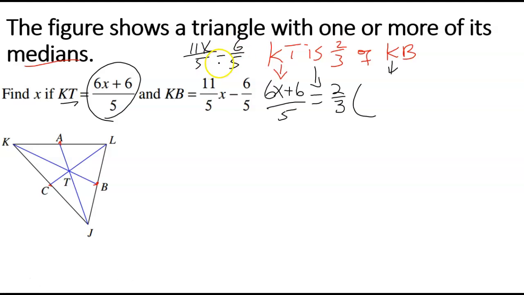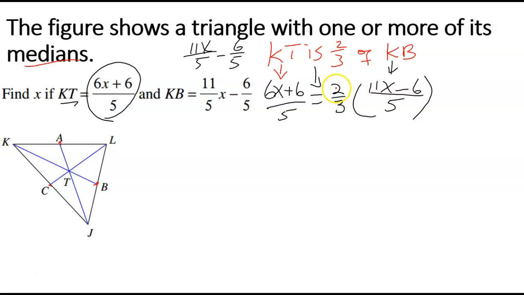Put the top as 11x minus 6, all over 5. Then we can simplify the multiplication part here.